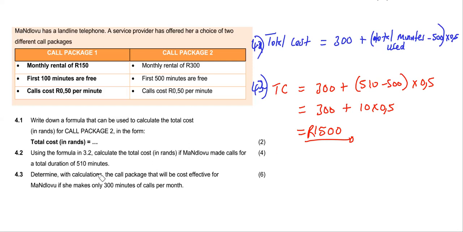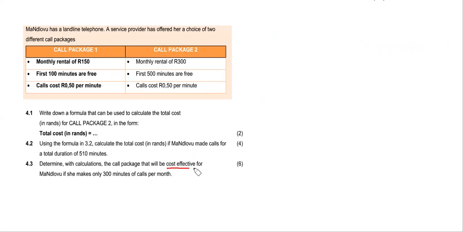Now determine with calculation the core package that will be cost effective for Mandov if she makes only 300 minutes per month. When you say cost effective, what does it mean? It means that it will be cheap. What do you need to do when I ask this kind of question?